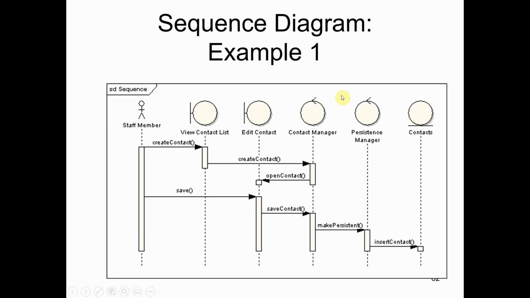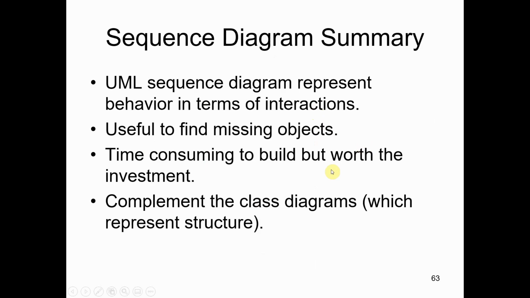And usually the control object is the one people forget in the first place, because it is not intuitive. You need to think deeper about how the objects cooperate, and then you may come up with some control objects. So usually the missing object is a control object, and it's very time consuming to build, but worthwhile.